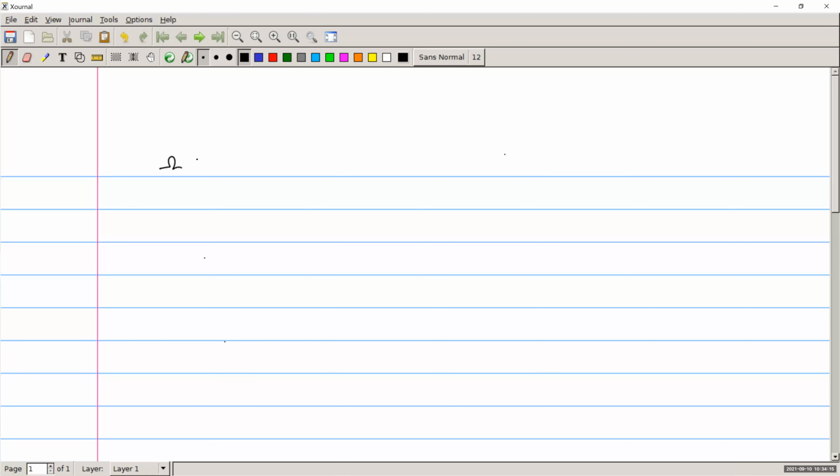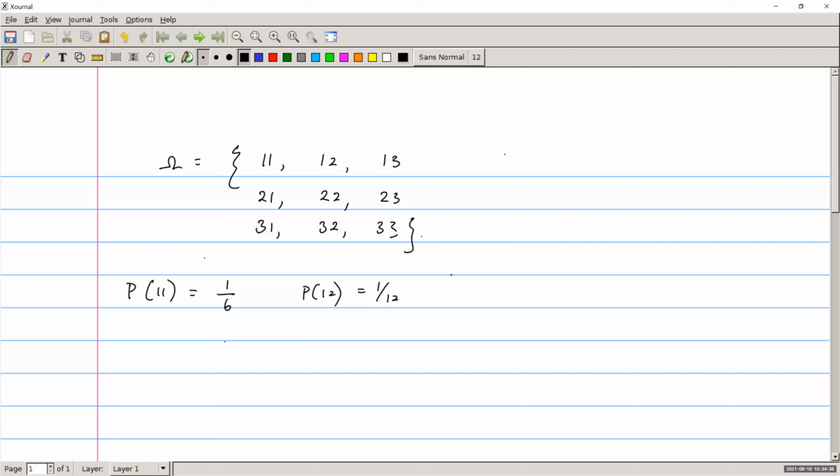Here, the universe was two die throws as normal. But now the probabilities were as follows. We said the probability of (1,1) was 1/6, (1,2) was 1/12.